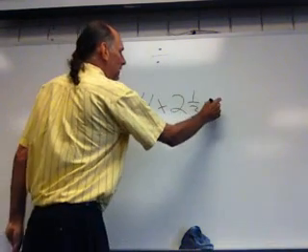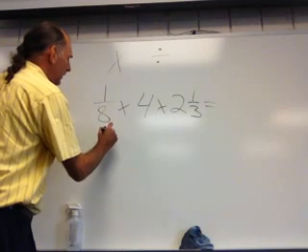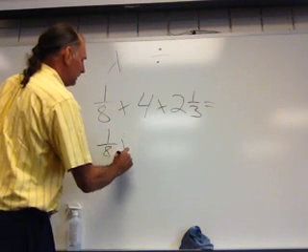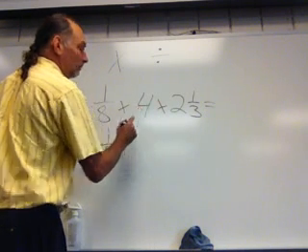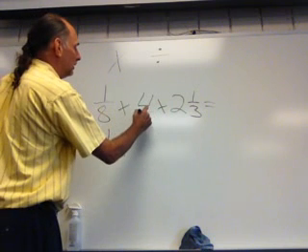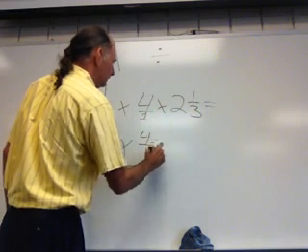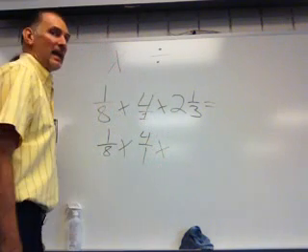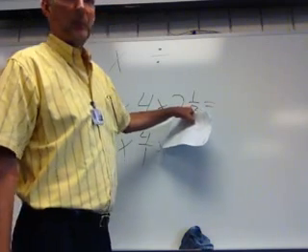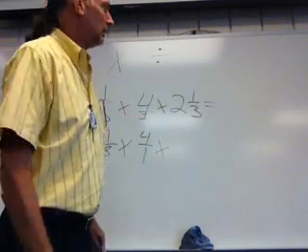So if I was to rewrite this, I would have 1/8 times, remember, well, this is nothing more than 4 over 1, times, now, can I turn this mixed number into an improper fraction?